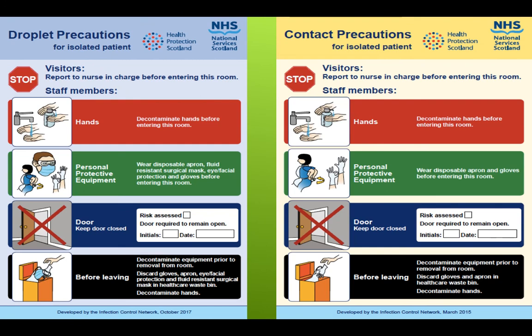So we're going to talk about the droplet precautions. We are using this form, and we're referring here to our blue form, the form that is outlined in blue. Not everything on this form is applicable for the individuals that serve our particular clients because of the setting.